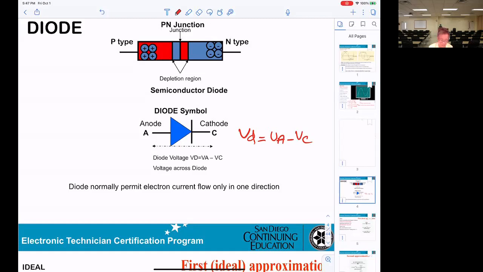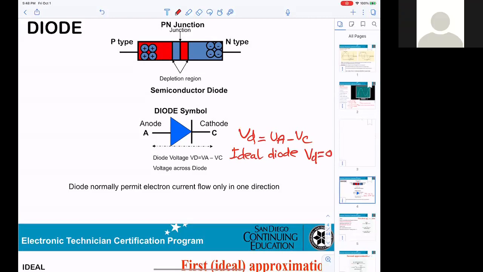Now, any voltage VD greater than, I'm talking about ideal, what does VD equal? 0. Perfect.